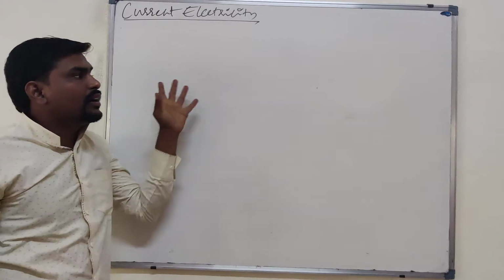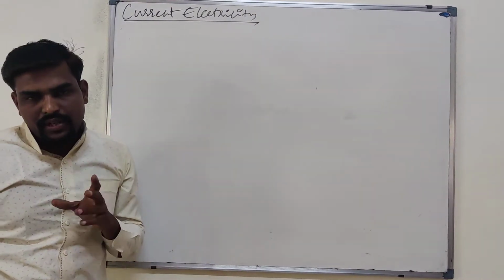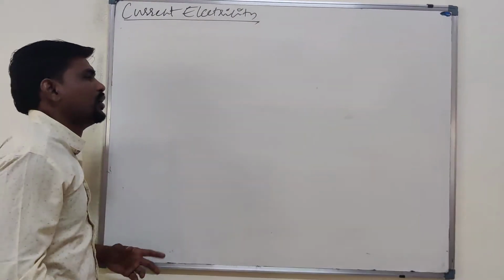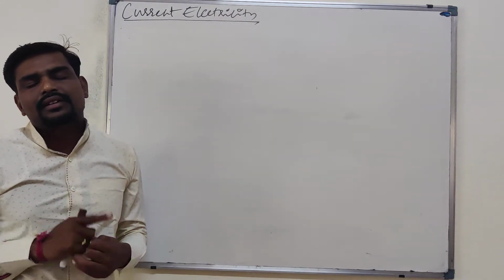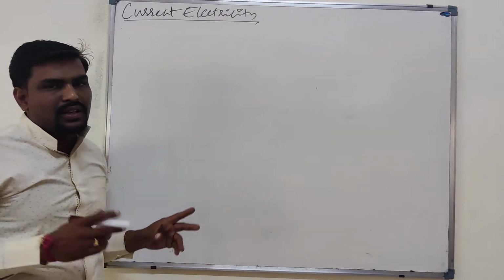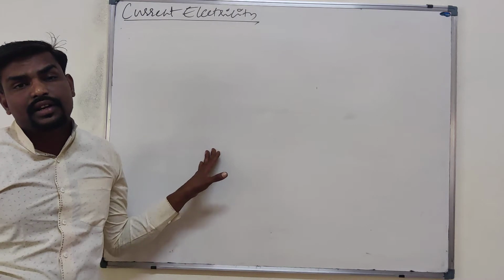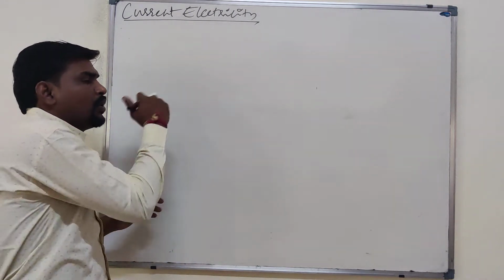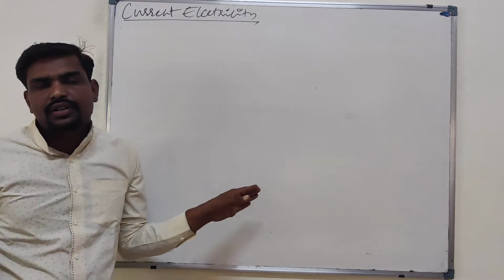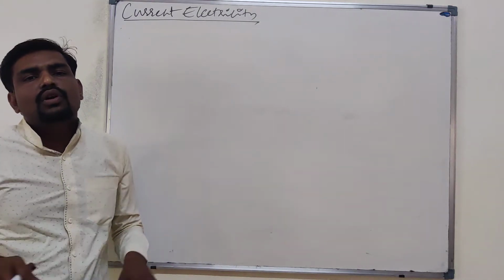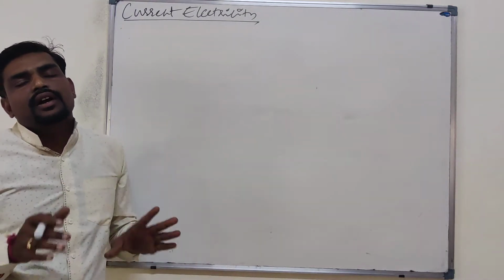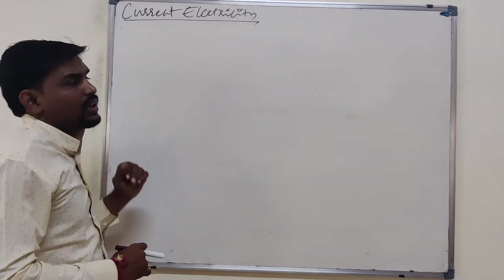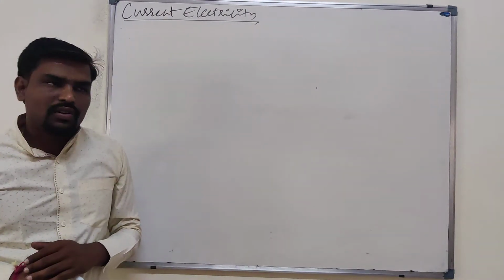Then only current goes through them. We already know conductors, semiconductors, insulators, right? Conductors allow the flow of current. Semiconductors partially allow the flow of current. And insulators do not allow the flow of current at all. So those are called insulators.